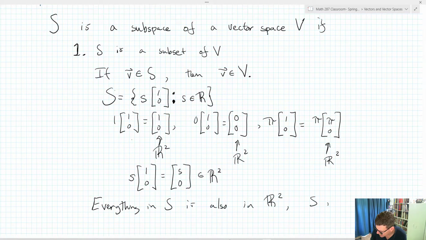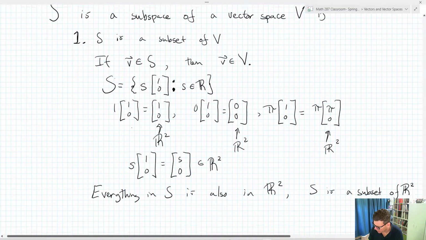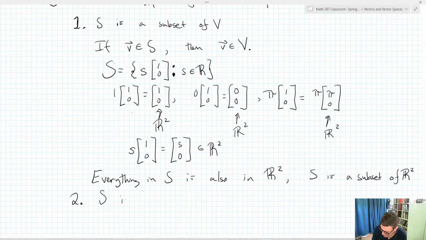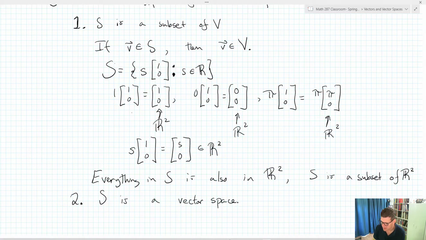So S is a subset, not yet a subspace, but a subset of R2. Okay? S is a subset of R2. So that's the first requirement for S to be a subspace of V. The second requirement is S is a vector space. So that's the second requirement for S to be a subspace.